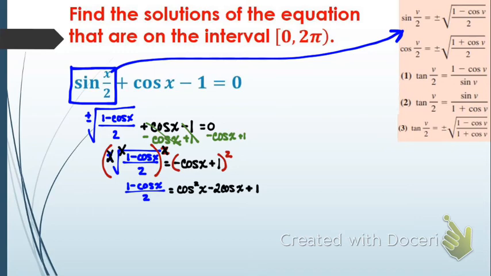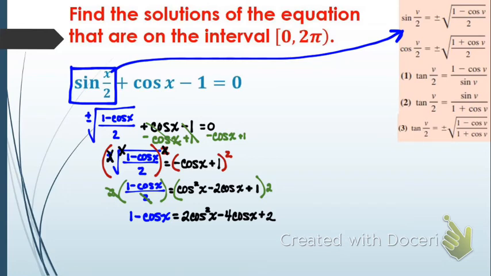So far, so good? How do I get rid of the fraction? Multiply. By what? By 2. If you do it to one side, got to do it to the other side. All right, so I have 1 minus cosine x equals 2 cosine squared x minus 4 cosine x plus 2.